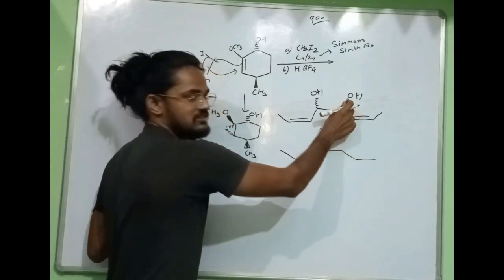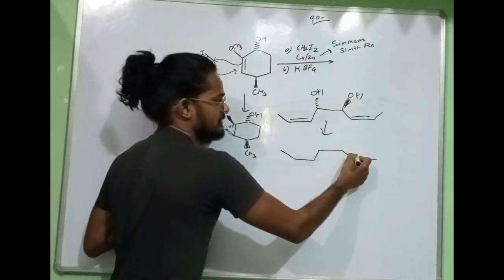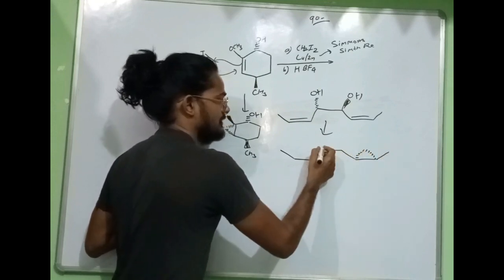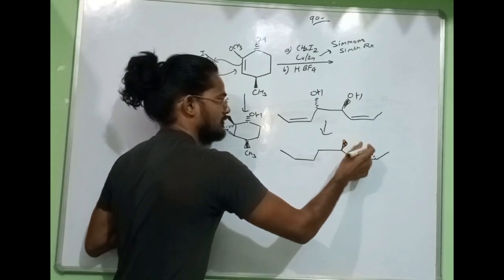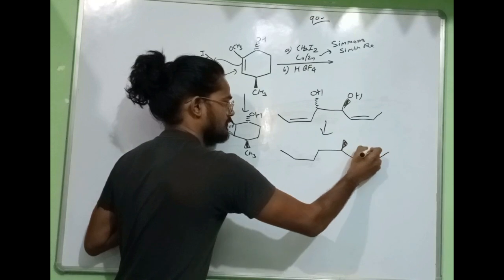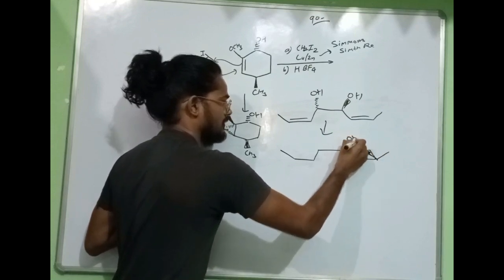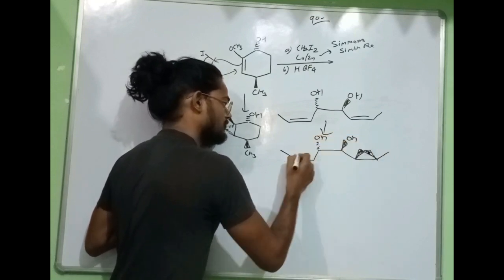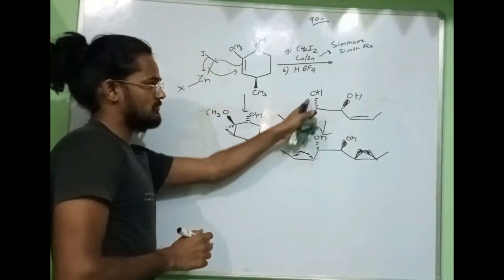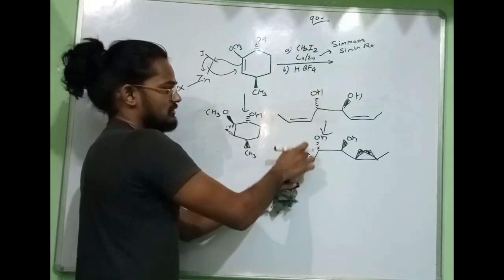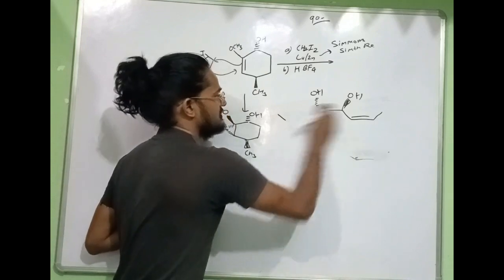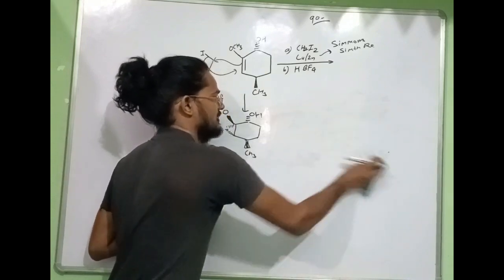Because this one is above the plane, we get the above-the-plane cyclopropanation. And this one is below the plane, so we get this type of product. So these have the same stereochemistry. Then the last step for this reaction.